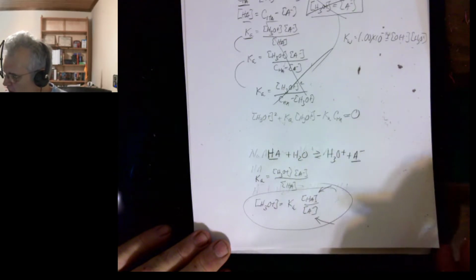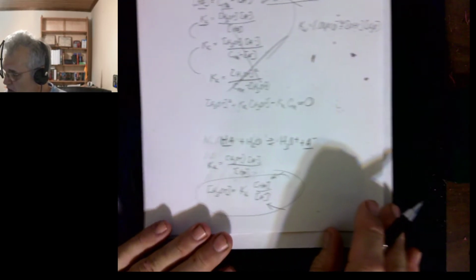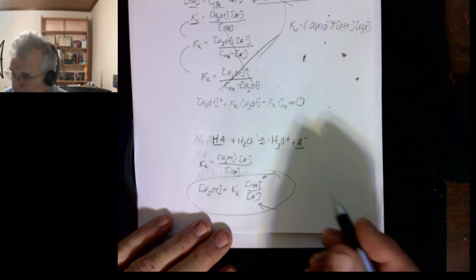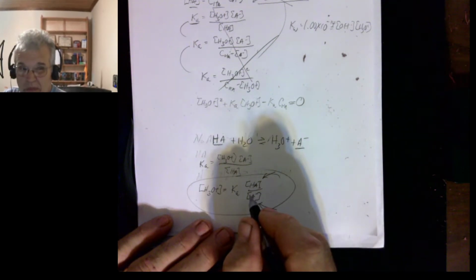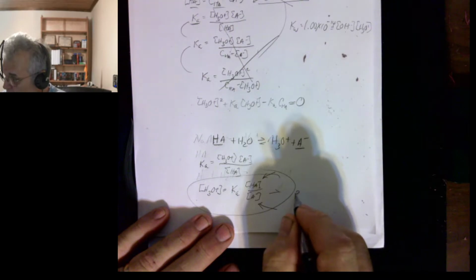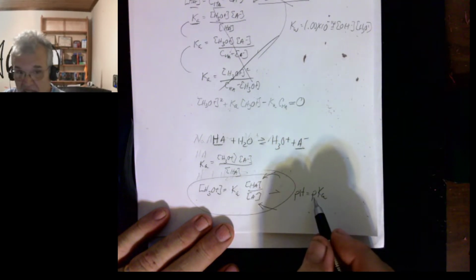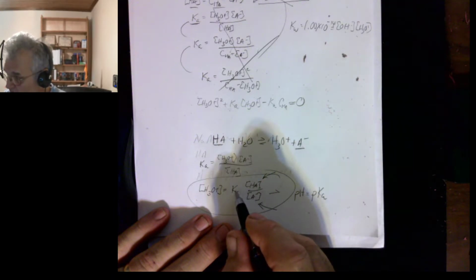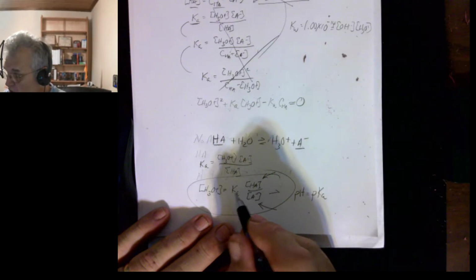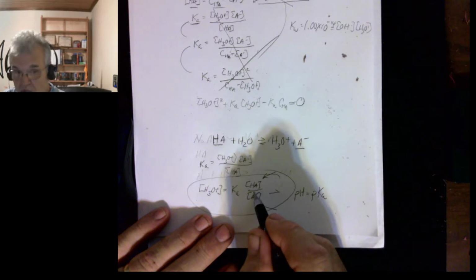Well, some smart fellows came along and they said, well, okay, but if we do that, why don't we just make it equal to pH, right? So why don't we just take the negative log of both sides, and we can say that pH is equal to pKa, because remember, P just means negative log of, so this is the negative log of the Ka. And if you know your rules for logs, if we take the log of two things that are multiplied together, it's the addition of the log.